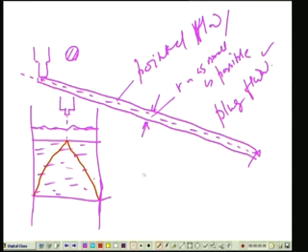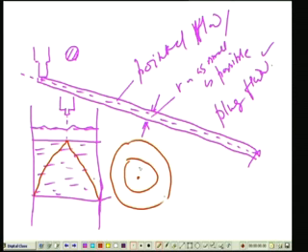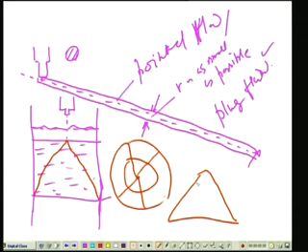This is called a plume. So the plume would be, if you observe it like this, like a cap.